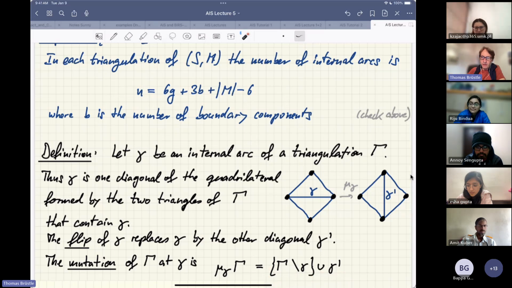So as we did in cluster theory, we remove one element and replace it by a different one. And the good thing is we always keep the same number, because any two triangulations have the same number of arcs. So that looks very much like a cluster setting. We have a constant number of elements in every one of those triangulations, and I can mutate one to the next one.